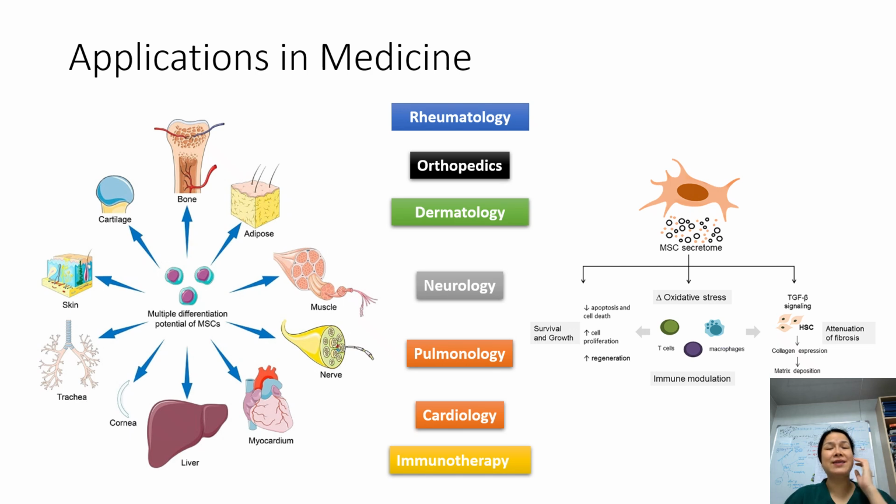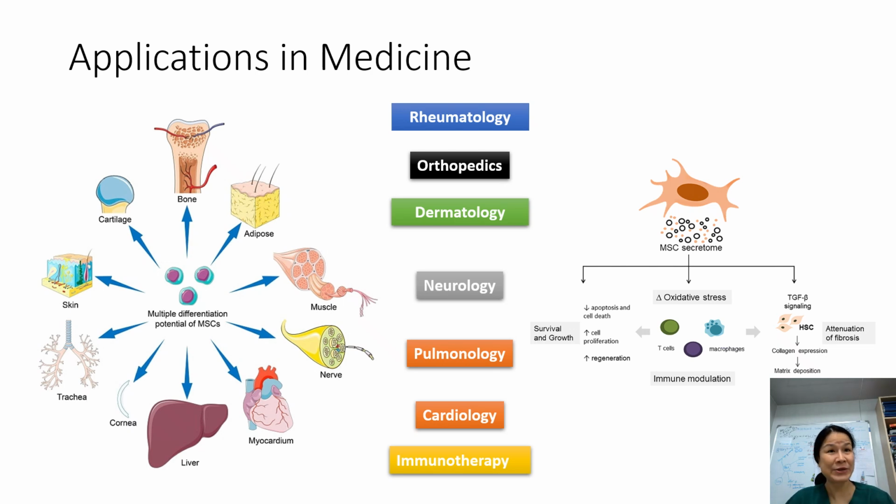If you look at the literature, and also in real life, in podcasts, on TV, or in the media, you're going to see a lot of information about the applications of stem cells and cell therapy in medicine. We use them to treat problems with the joints and bones. We use them to treat problems with the skin, to make us more beautiful.